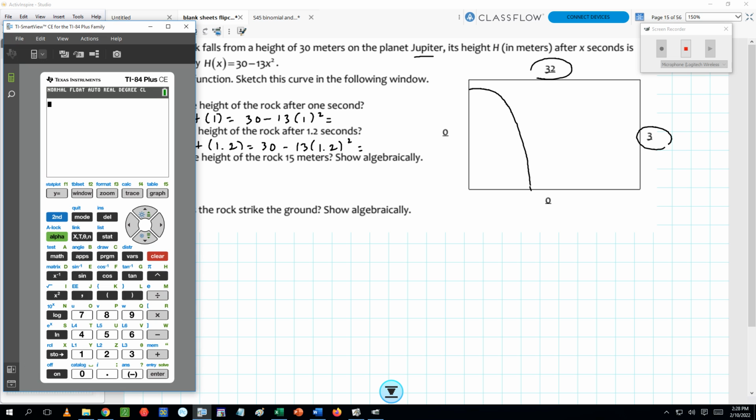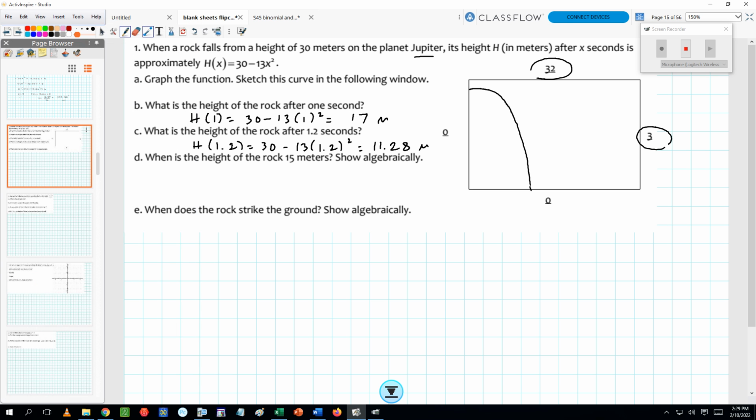Do I want to use the store button? I don't need the store button. 30 take away 13 times 1 squared. Then 30 take away 13 times 1.2 squared. And we will tag these with an M for meters.